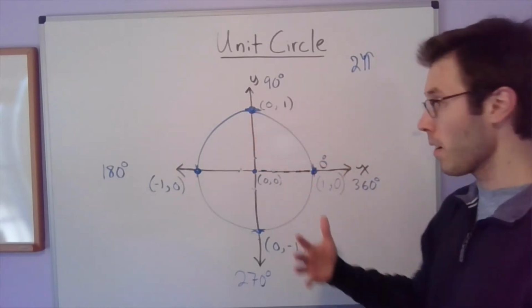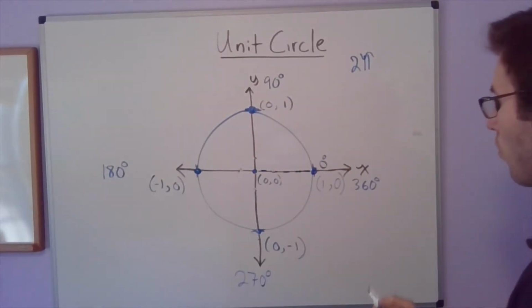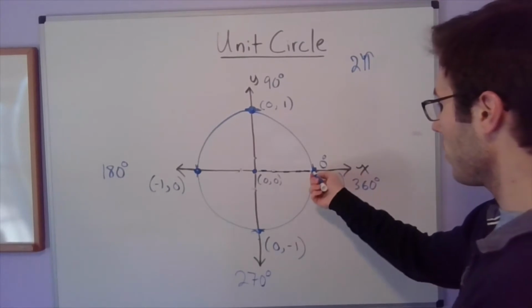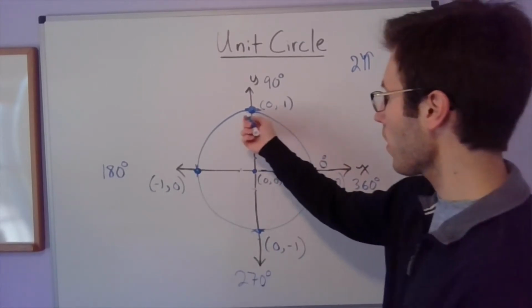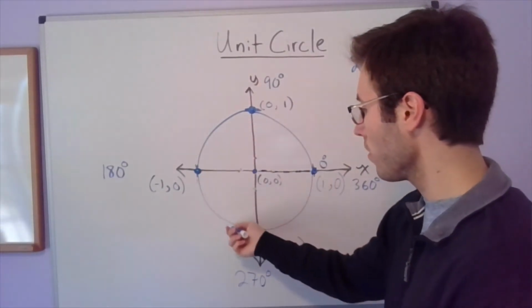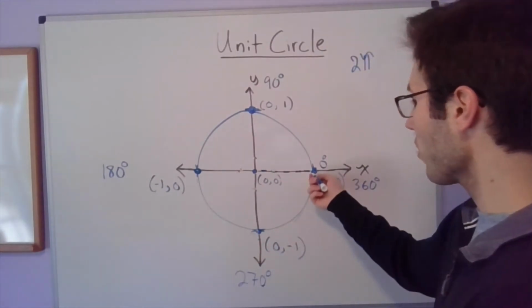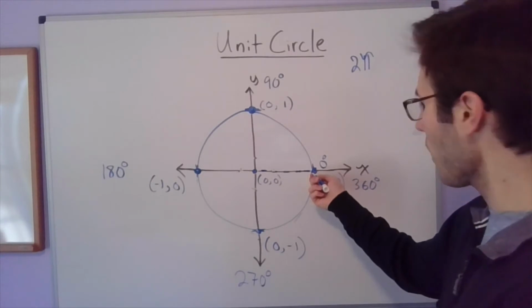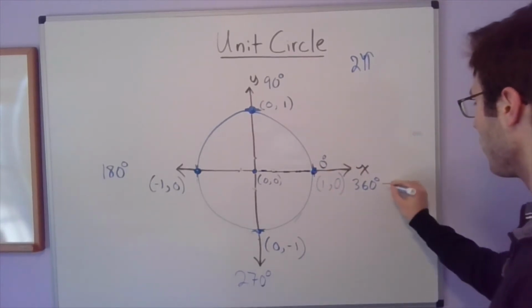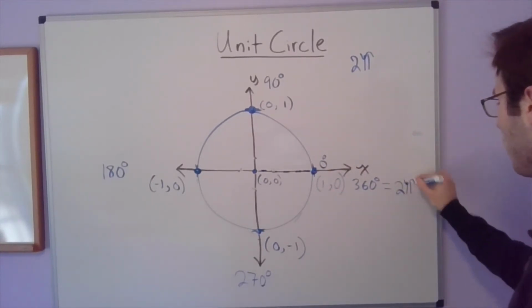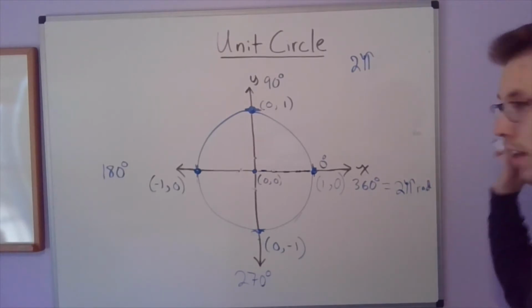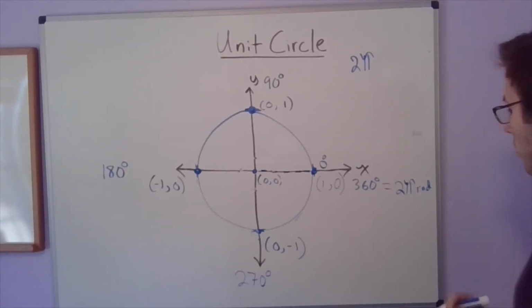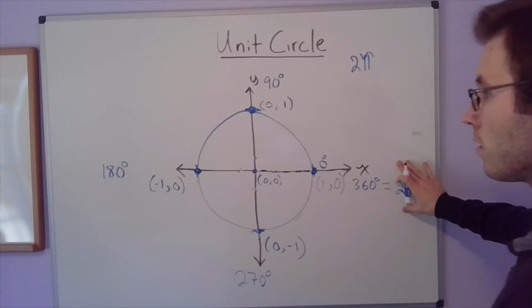And that's what's important about this concept. Going all the way around, we know the circumference would be 2 pi. So right here, instead of writing 360 degrees, that would be 2 pi radians.